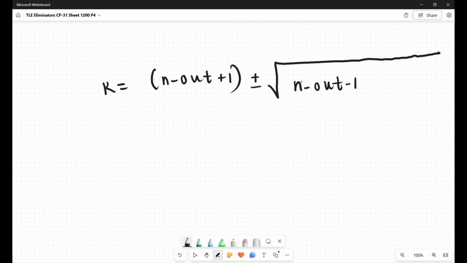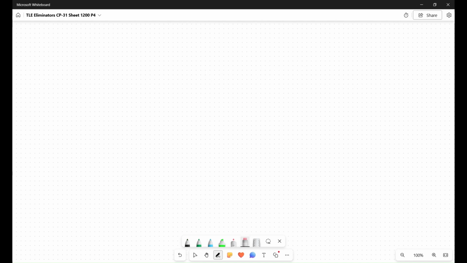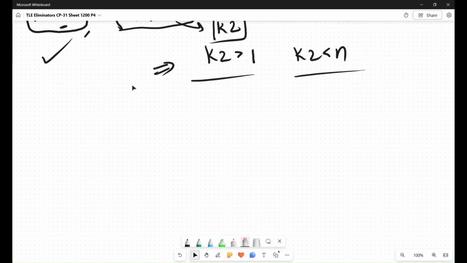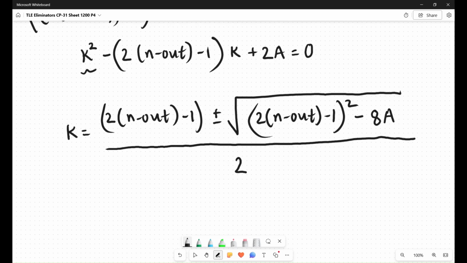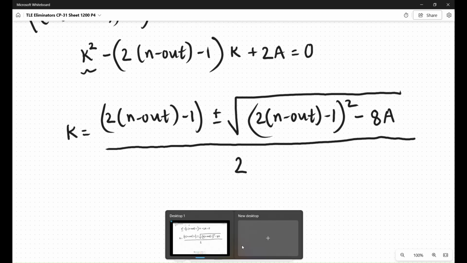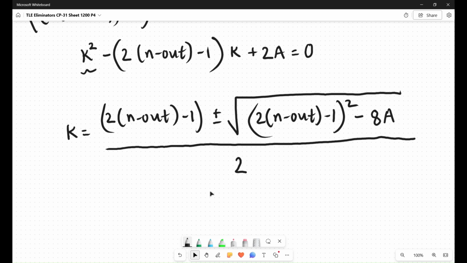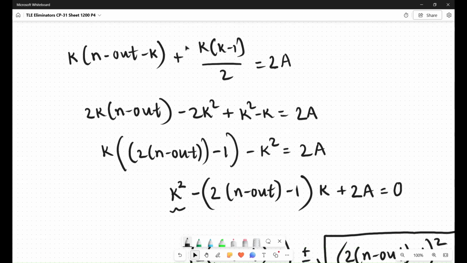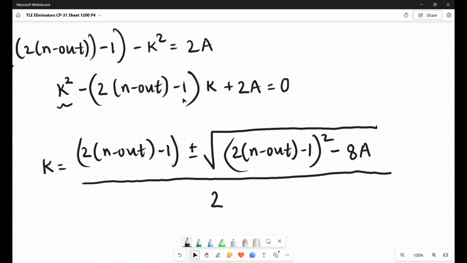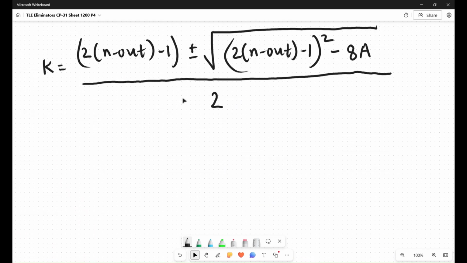Okay, wait, I messed up. Not this thing. Wait, I'll solve it and write it. So I'm done with calculating the value of k. These are the steps involved, and your final value of k is this.